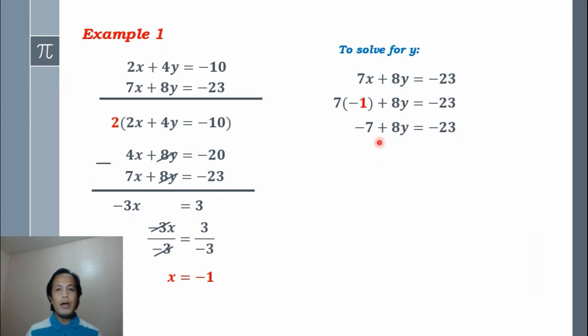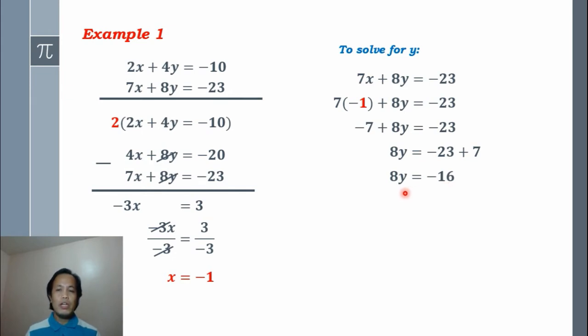Now to solve for y, since this is negative 7, we use the addition property of equality. So we will add 7 here, and of course, we will also add 7 at the right side of the equation. So negative 7 in the left side of the equation is cancelled out. What remains in the left side is 8y equals, and at the right side, negative 23 plus 7 is negative 16.